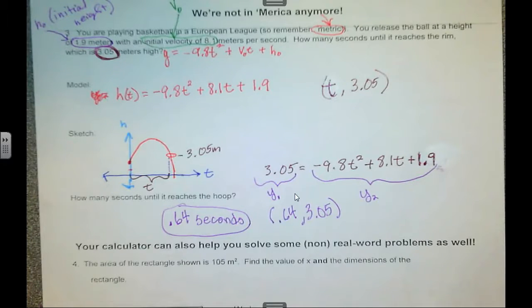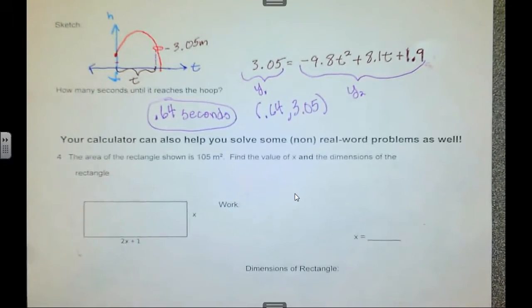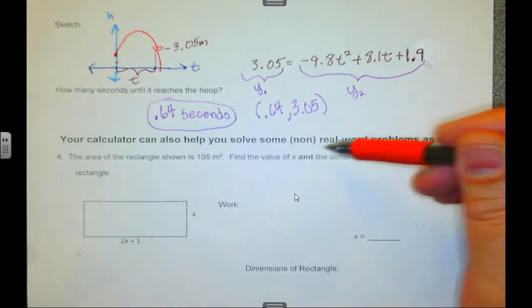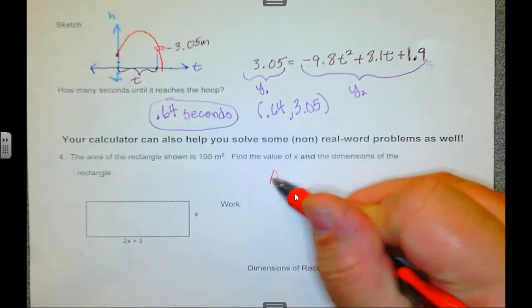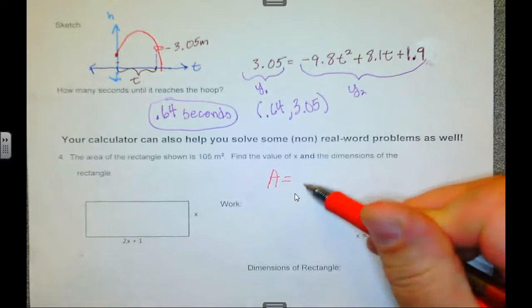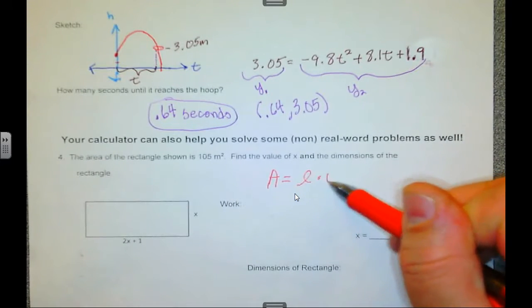All right, number 4. Okay, the area of a rectangle shown is 105 meters squared. Find the value of x and the dimensions of the rectangle. Okay, so how do I find the area of a rectangle again? That's right, length times width.